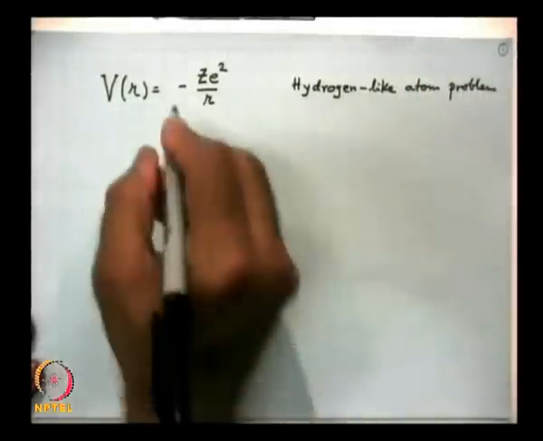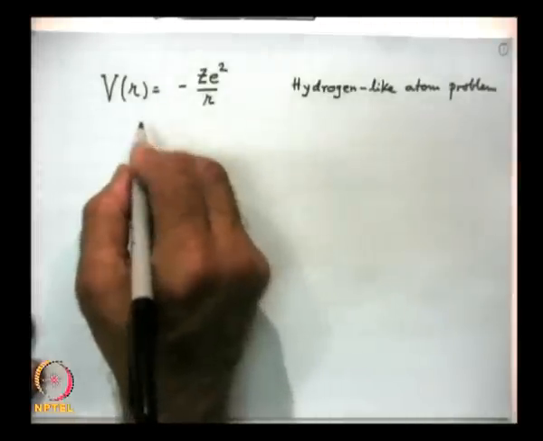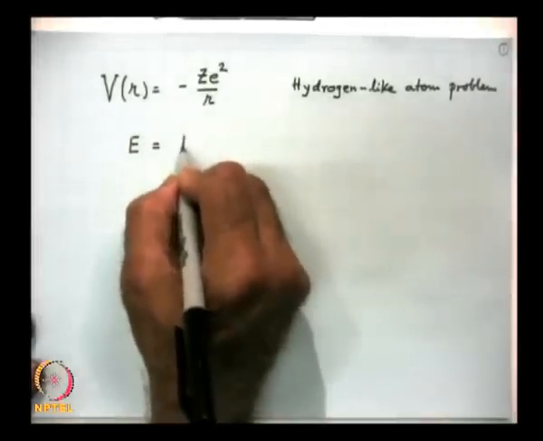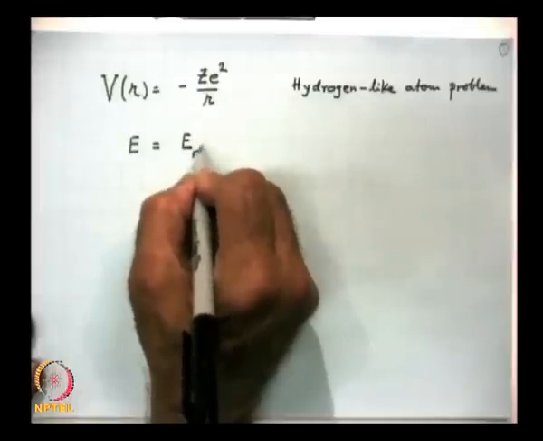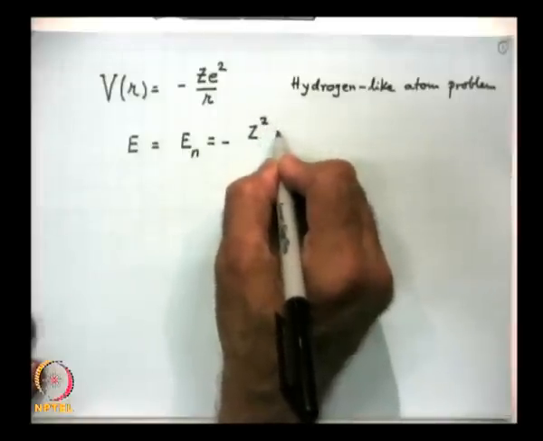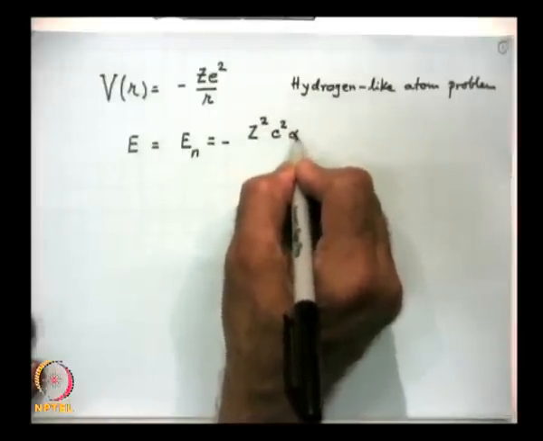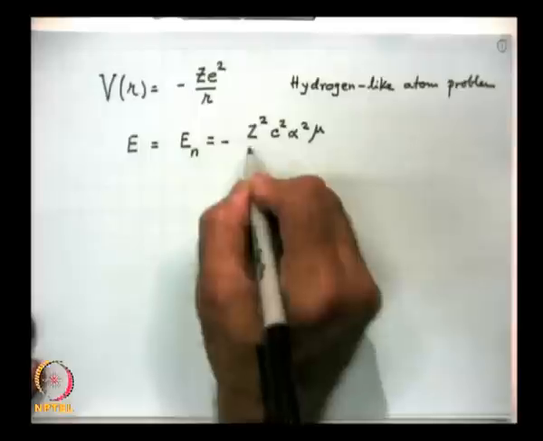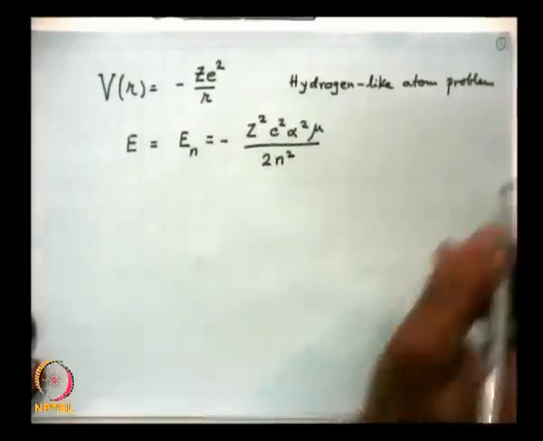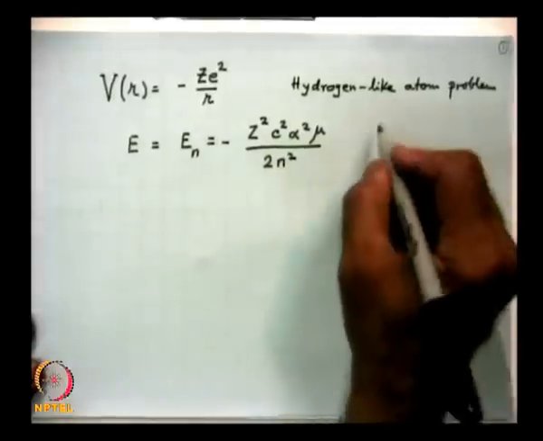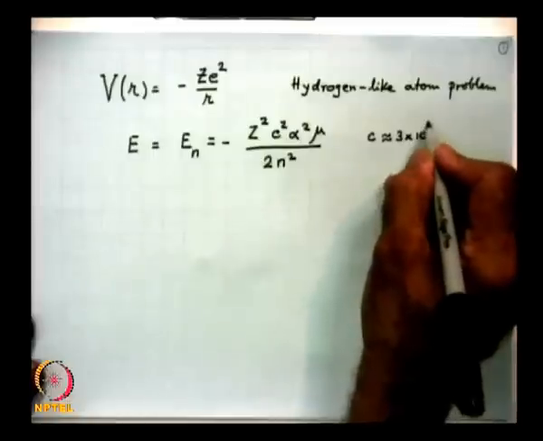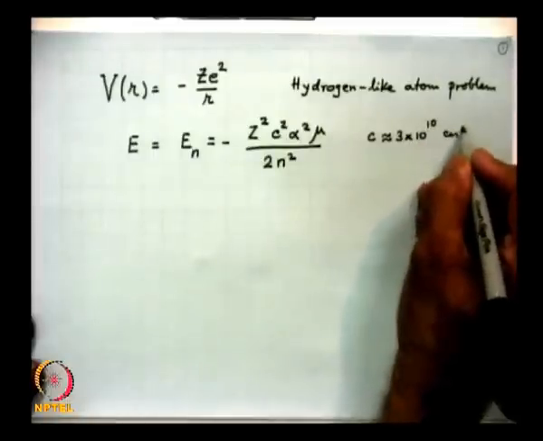Now, we solved the Schrodinger equation and we had found that the energy levels, the bound states, correspond to E_n equal to minus Z square c square alpha square mu by 2 n square, where c is the speed of light in free space, and the value of c in CGS units is 3 into 10 to the power of 10 centimeter per second.